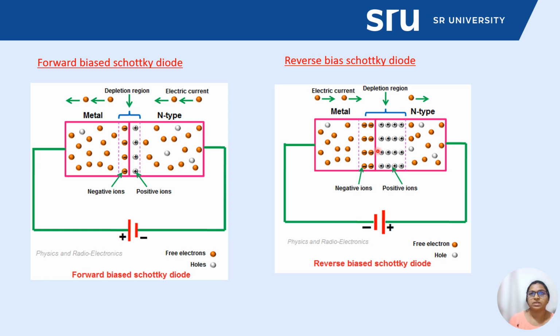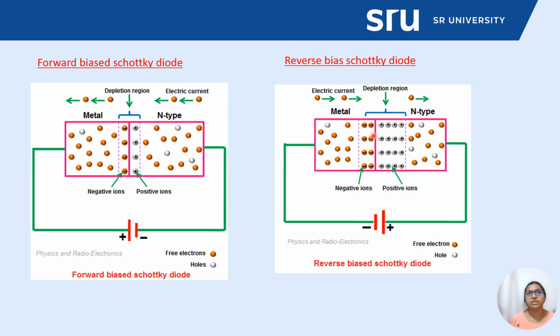However, a small leakage current flows due to thermally excited electrons in the metal, because we know that we can get a small leakage current due to thermally excited electrons in the metal.